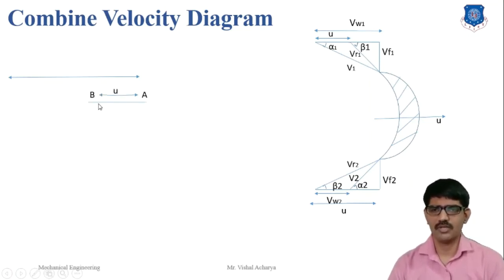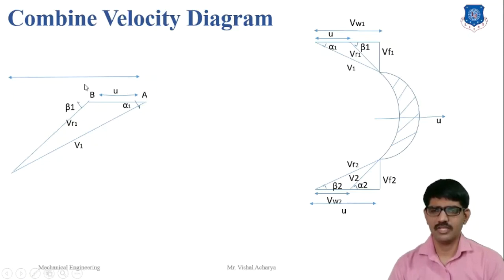First we draw the blade velocity u, and then we draw the absolute velocity V1 at the nozzle angle alpha 1. The two components of V1 are Vw1 and Vf1, the horizontal component being Vw1 and the vertical component Vf1.